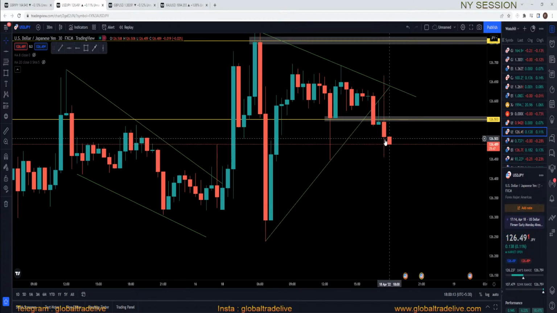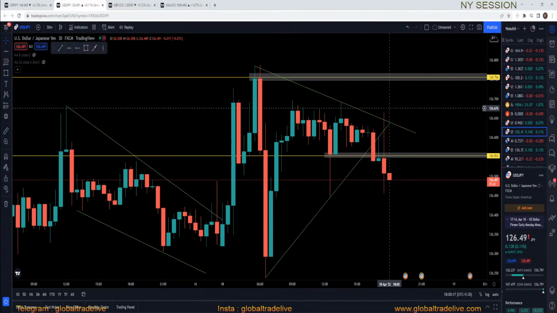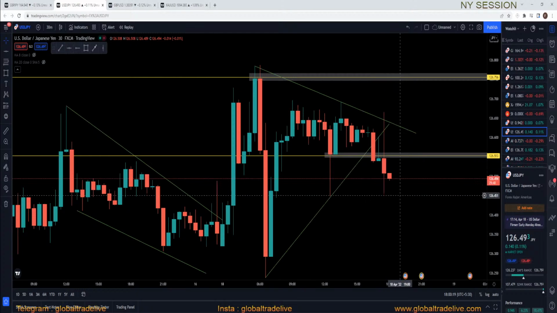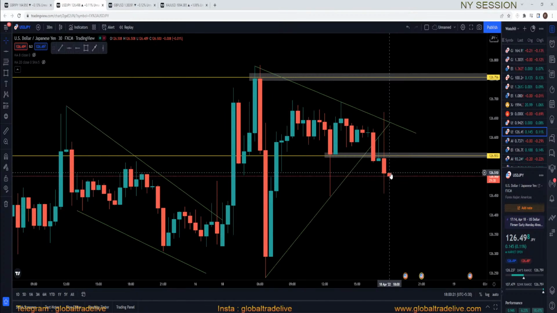Okay, so this candle has closed like a bearish candle with a huge rejection from the top, and now the current candle is moving down with no wick on the top. So I'm going to wait for the current candle to create a higher wick first.